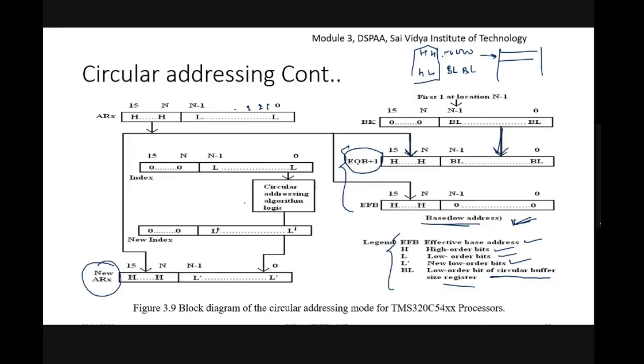Then we perform the circular addressing mode, then we get L dash. How is circular addressing calculated? Based upon the circular buffer size, the end of the buffer and the effective base address of the buffer. So here, the first lower address is calculated by retaining the higher order word of the ARX register as it is and replacing the least significant bit with 0.